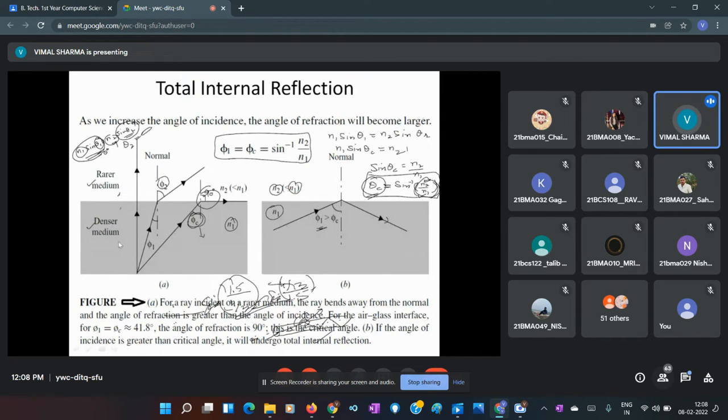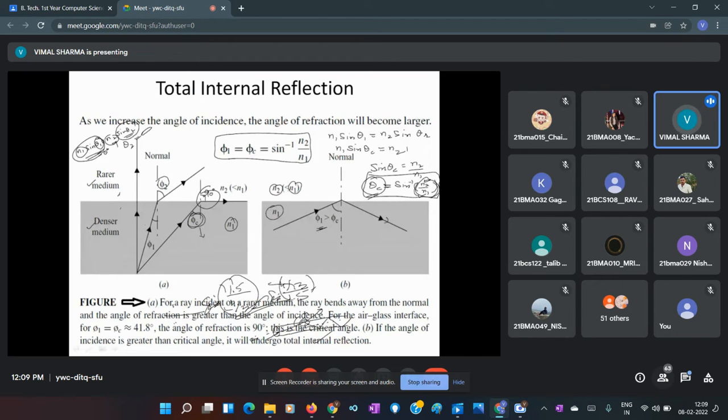If this light is incident on the interface at 0 degree angle of incidence, then it goes undeflected without bending. Though there is a change in speed of this light, there is no change in the path of the light. It goes undeflected along the straight line.